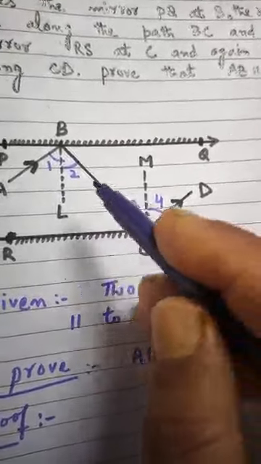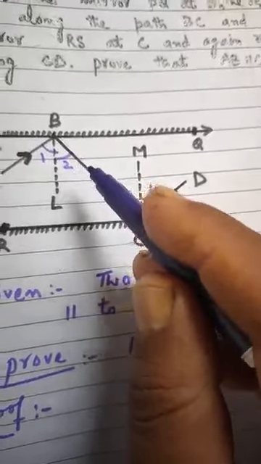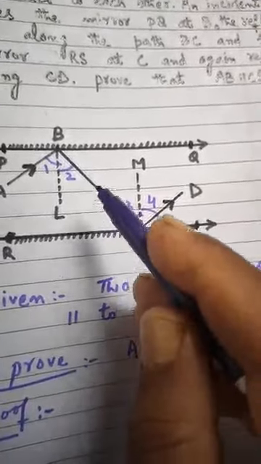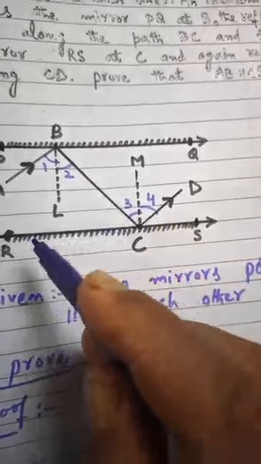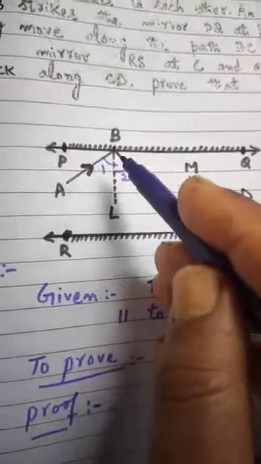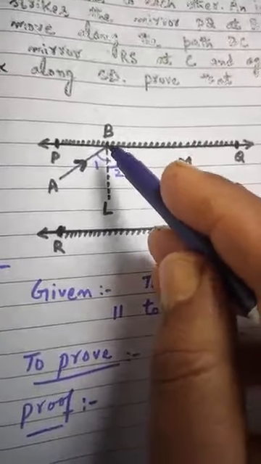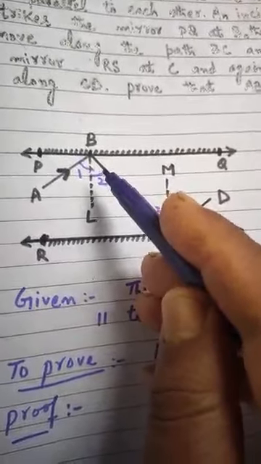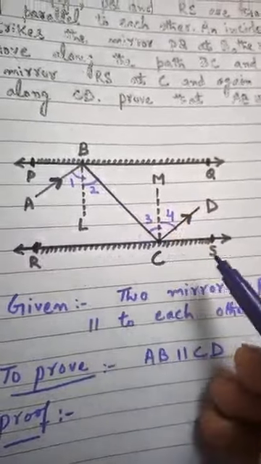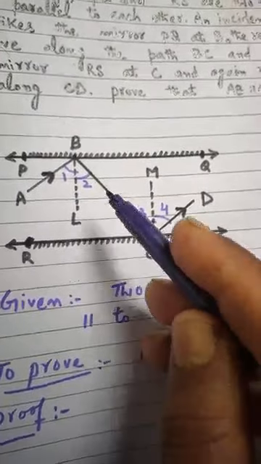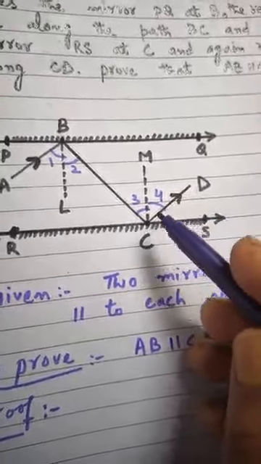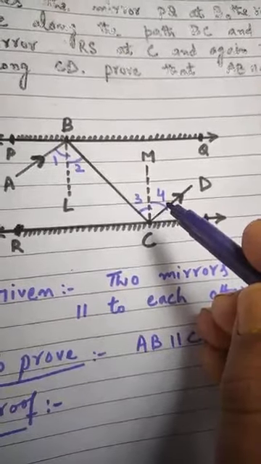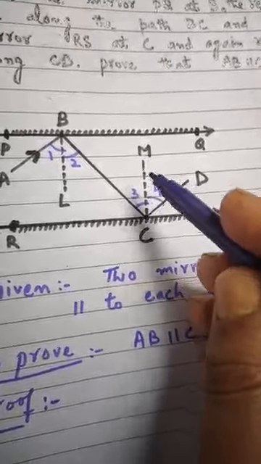If we see carefully, this ray of light is coming and falling on mirror RS, so it becomes the incident ray on this mirror, although it is a reflected ray coming back from point B, from mirror PQ. But for this mirror RS, it is an incident ray, and this becomes the reflected ray. So angle 3 becomes the angle of incidence, and angle 4 becomes the angle of reflection, and CM is normal.